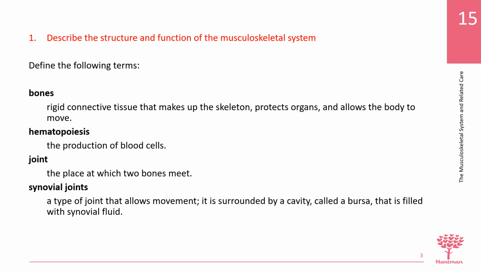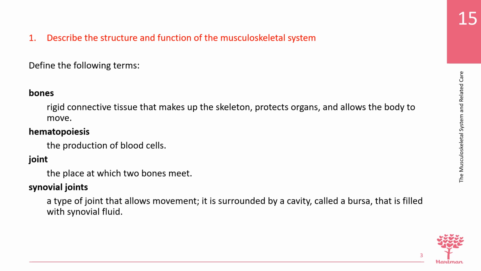Okay, so let's look at some terms as it relates to this body system. And so bones are rigid connective tissue that makes up the skeleton, protects the organs, and allows the body to move.